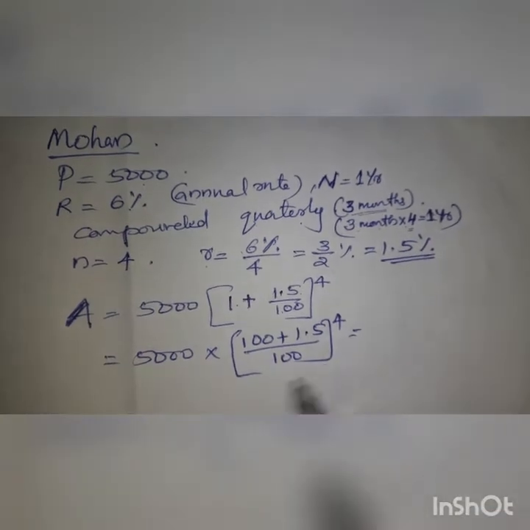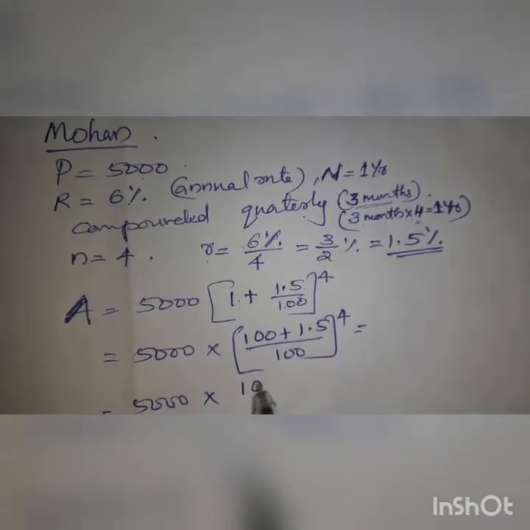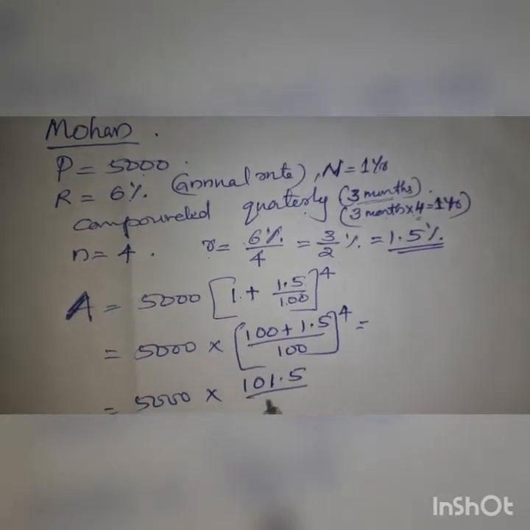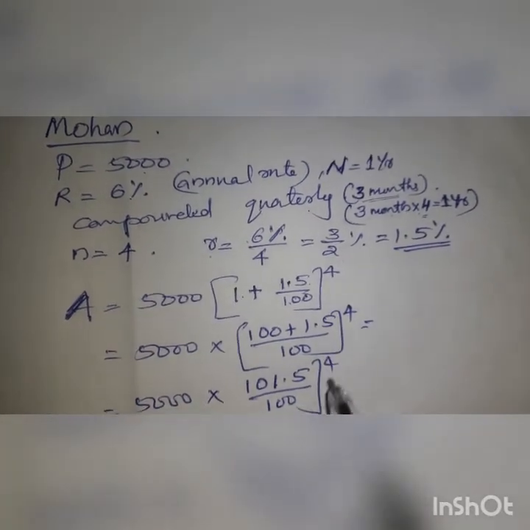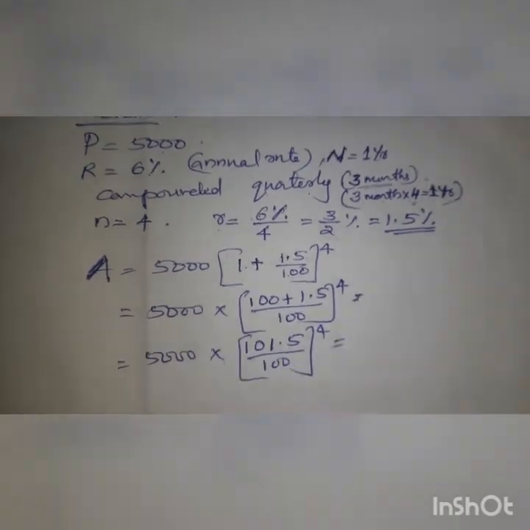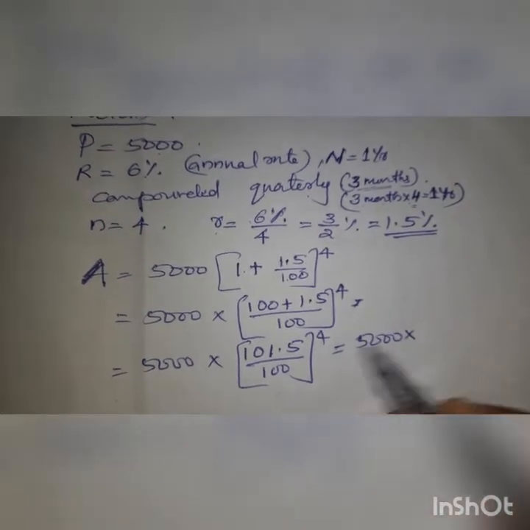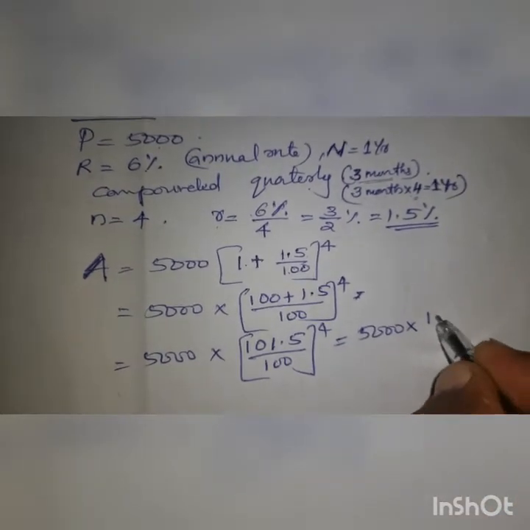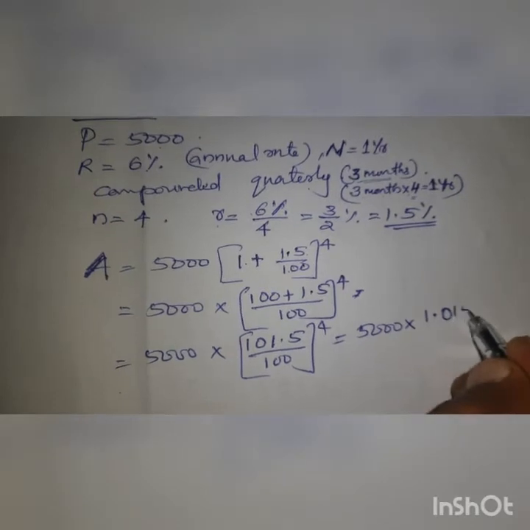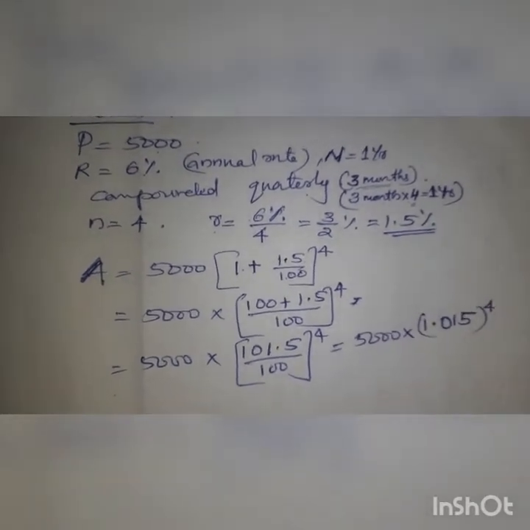That you can write as 5000 into 101.5 by 100 raised to 4. If you divide by 100, it is 5000 into 1.015 raised to 4 will come.